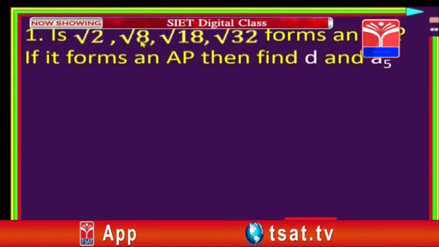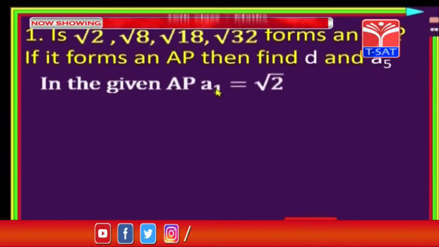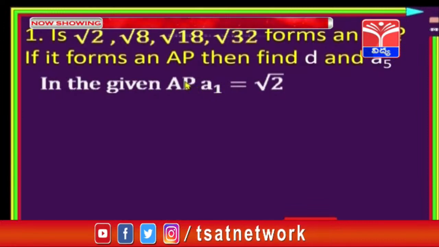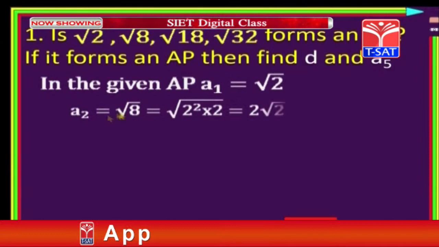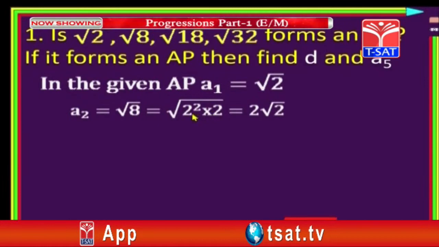So what is given? Root 2, root 8, root 18, root 32 are the terms. The first term is root 2, denoted a1. The next term is root 8. 8 can be written as 2 square into 2.